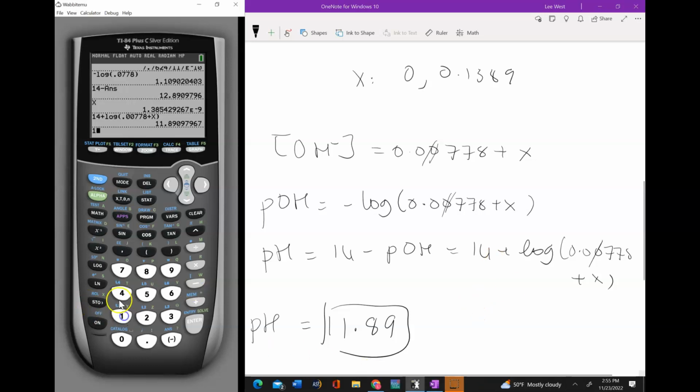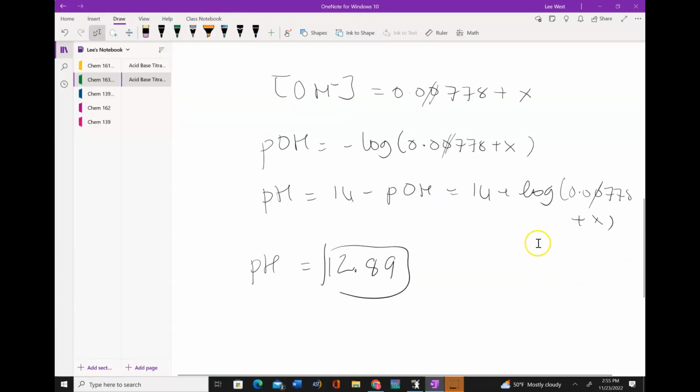Let's do that again. 14 plus log of 0.0778 plus X. There we go. Boom. 12.89. Excellent. All right. So I just inserted an extra 0. All right, that was it.